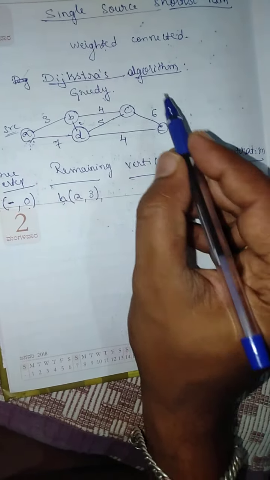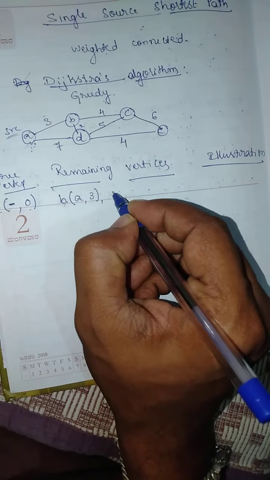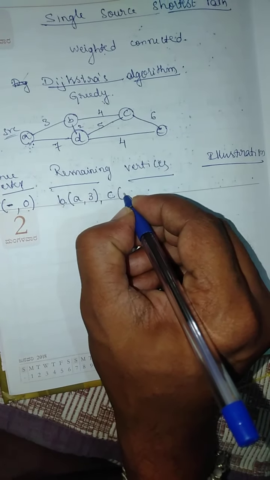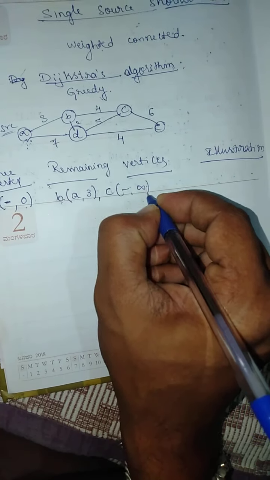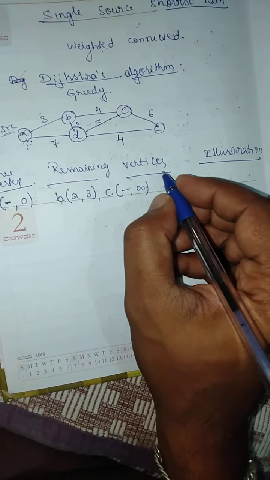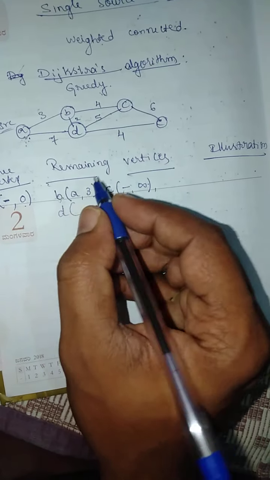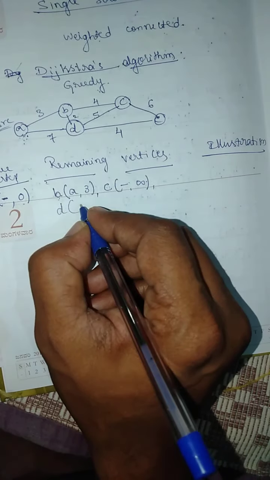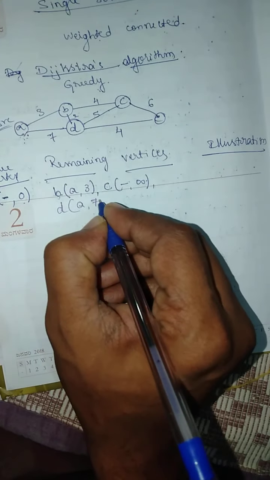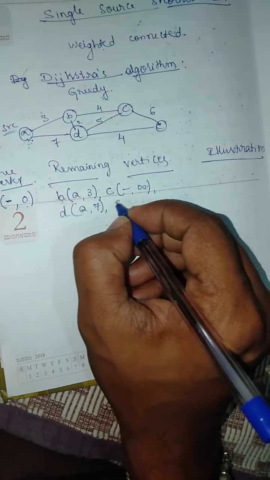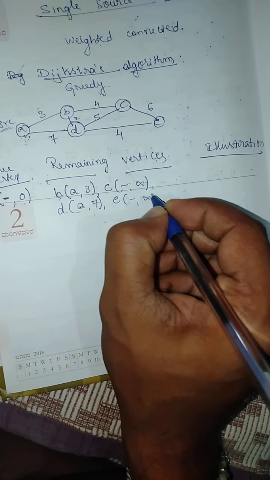Next, is there any direct edge from A to C? No. Therefore for C it is nothing and infinity. Next, another vertex is D. Is there an edge from A to D? Yes, it is A comma cost 7. Next, is there any edge to E? Nothing, no edge.